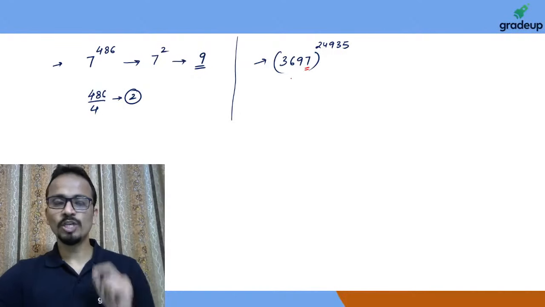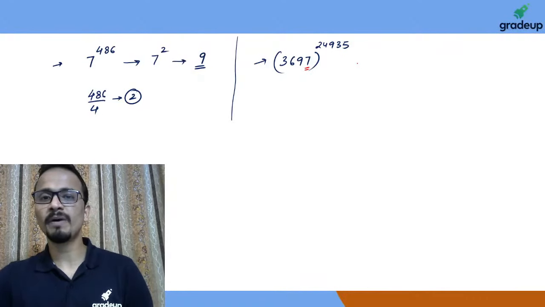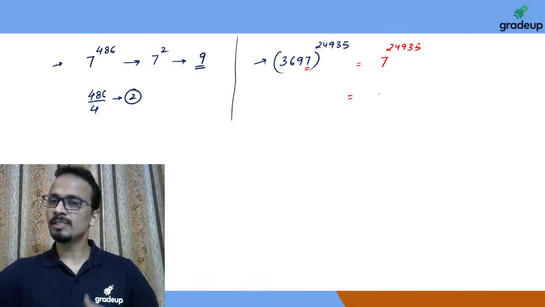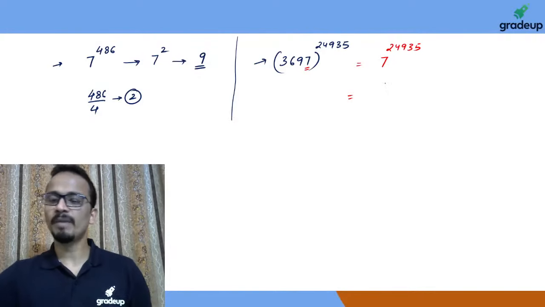So the unit digit of 3697 raised to any power will be the same as the unit digit of 7 raised to the power 24935. Now, since the cyclicity of 4 is clear, we need to divide the power by 4.